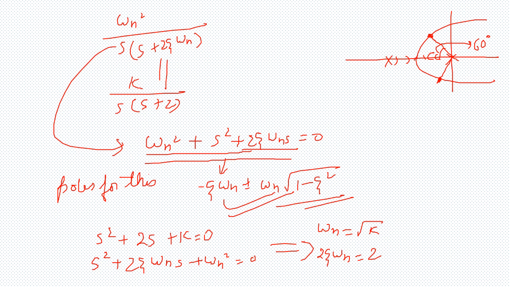If you cancel the 2, you get zeta omega n equal to 1. Now from here you know that omega n is equal to 1 by zeta.